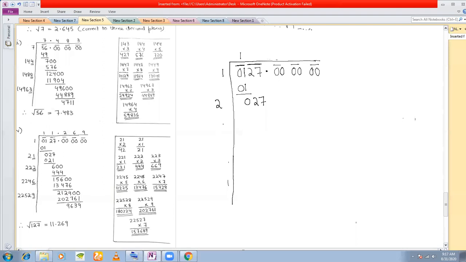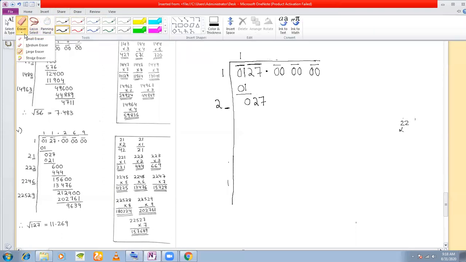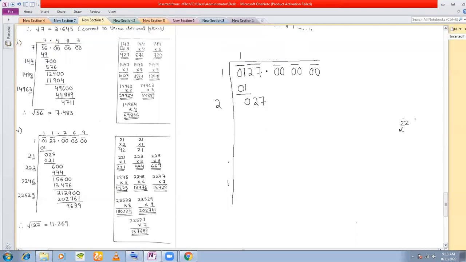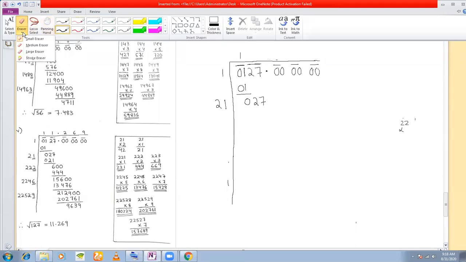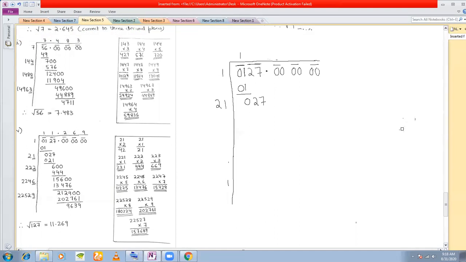Double of 1 is 2, and now we are going to place a digit here. Now you see it is very easy to see that 21 into 1 will give you 21, 22 into 2 will give you 44. Let us place a digit 1. So 21 into 1 will be 21.